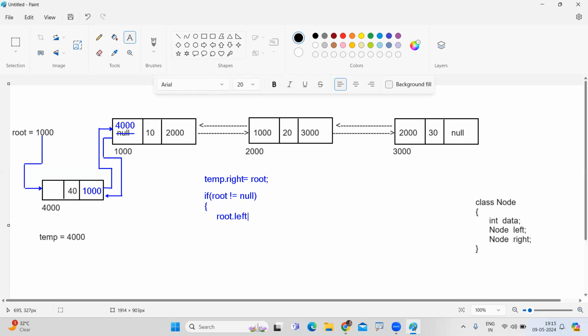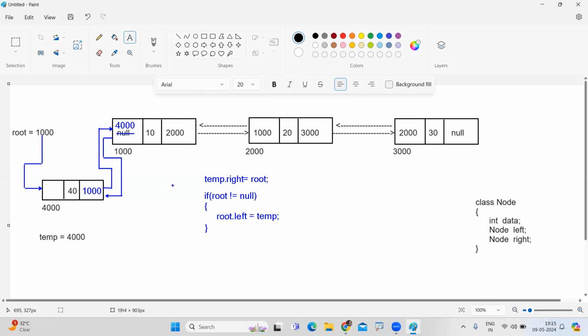Root to left is equal to temp. But this point is important. Blindly, if you try to store the temp value into root to left, imagine root is null. The first time you call add first, null to left will not be there. You will get a null pointer exception. So root to left is equal to temp only if root is not null.